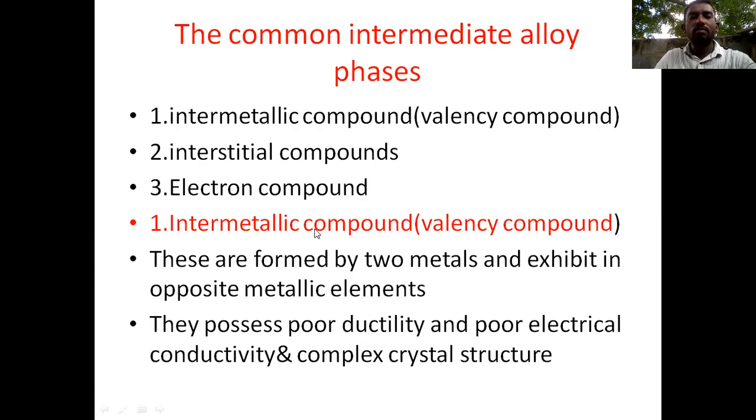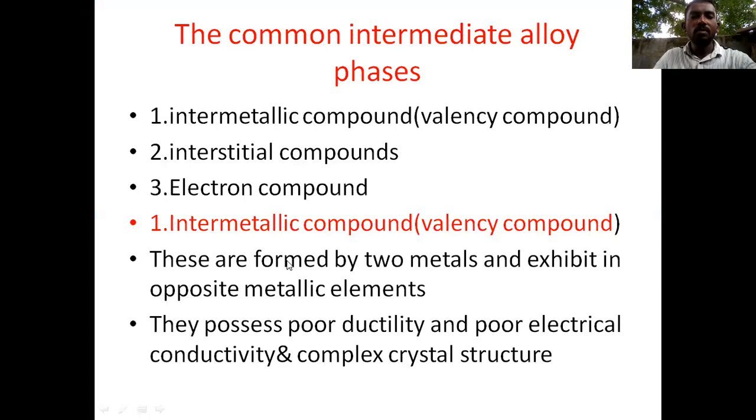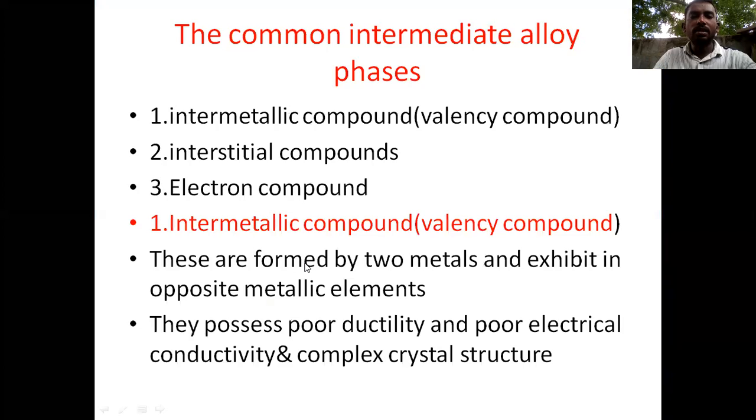This is the structure of intermetallic compounds. These are highly brittle materials with poor ductility and poor electrical conductivity.